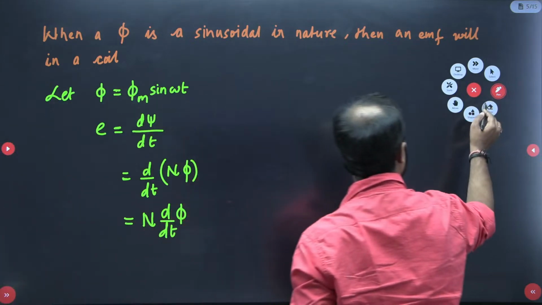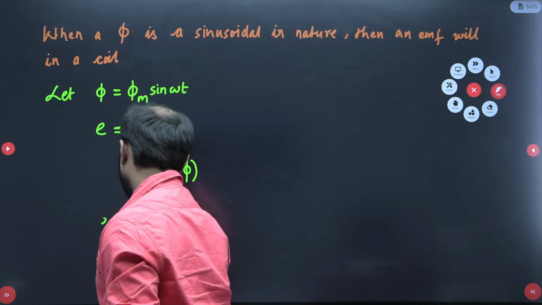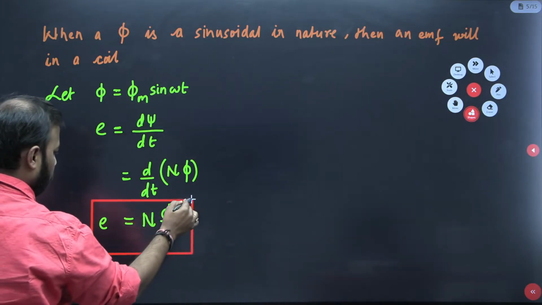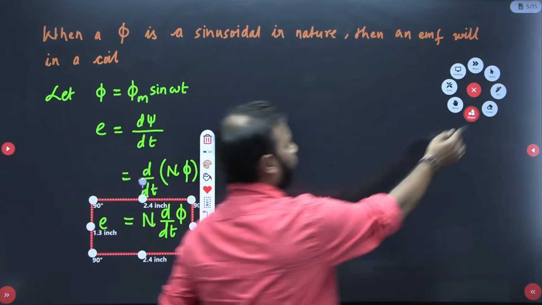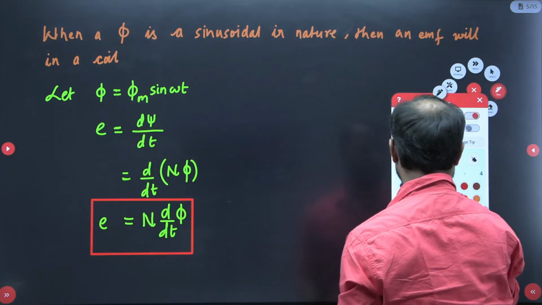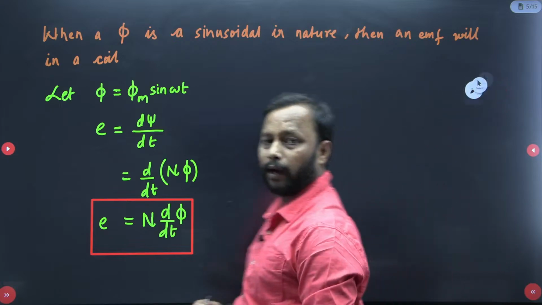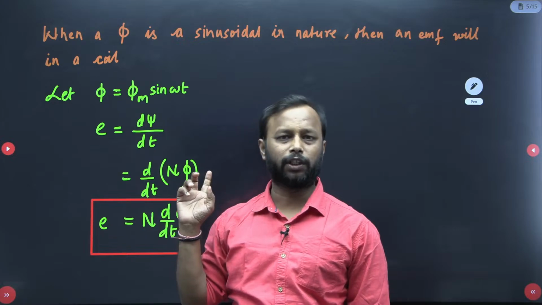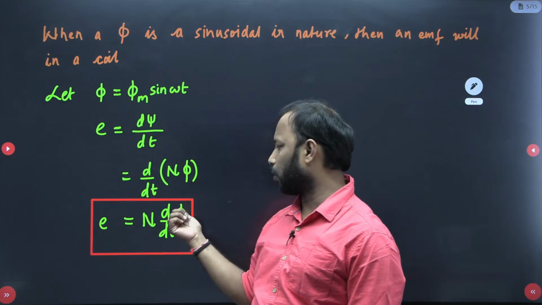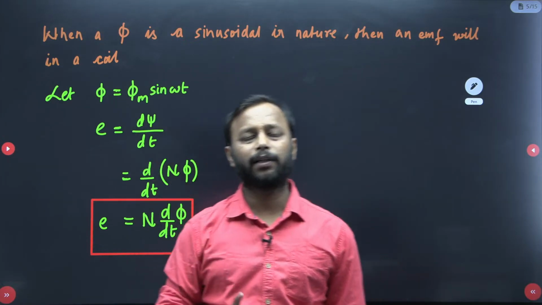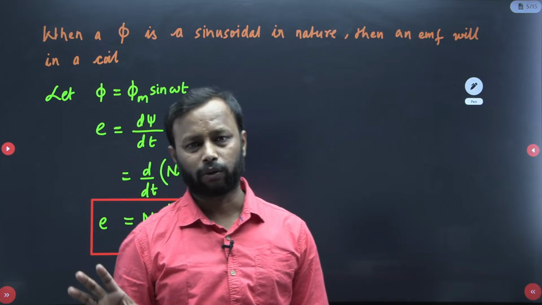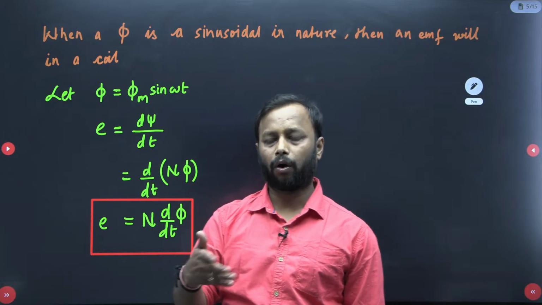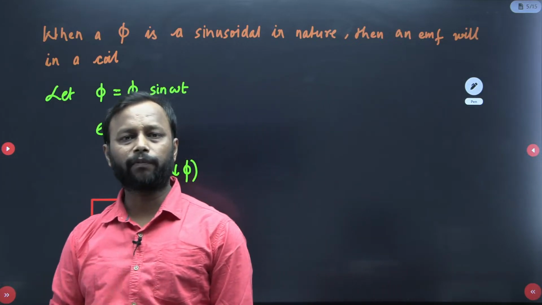Now if you see this formula very carefully, you come to know that if phi is constant, then E becomes 0. Am I clear? If phi is constant, then E becomes 0. It means that no EMF is going to be induced. So for what nature of phi is the EMF going to be 0?